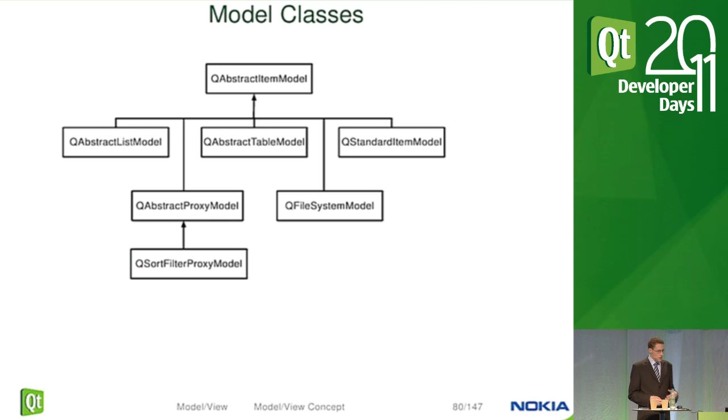If we want sorting in the file system view, we just put a sorting model on top of the file system model, and it will take care of that. Or if we want to filter out all files of a specific user or something like that, we can just apply a filter on top of that. We don't need to bother with all these features in our actual model implementation, but we can add those on top of it.